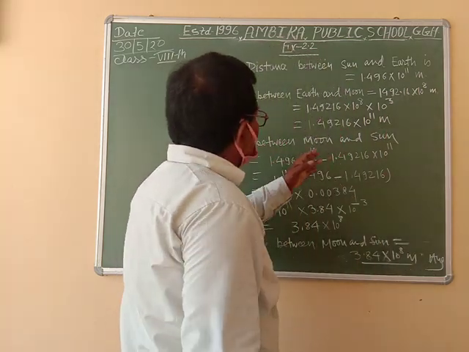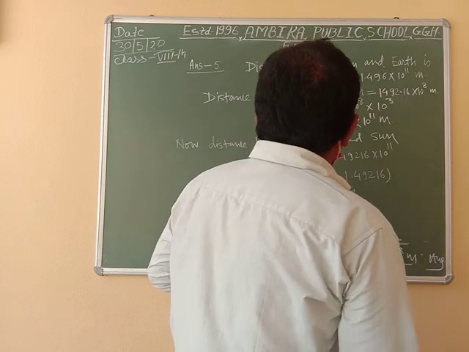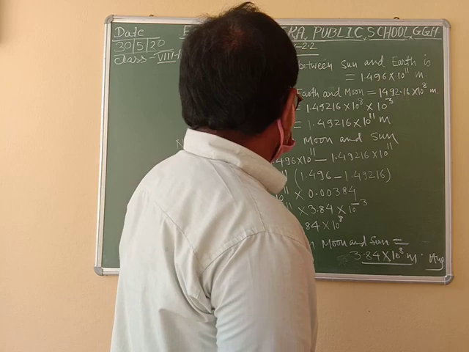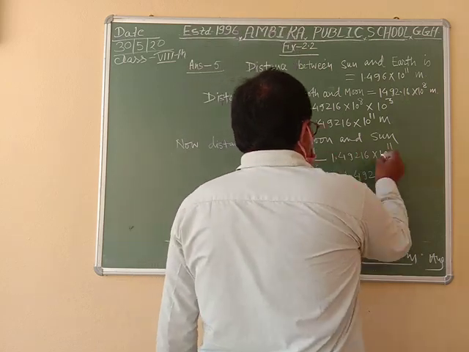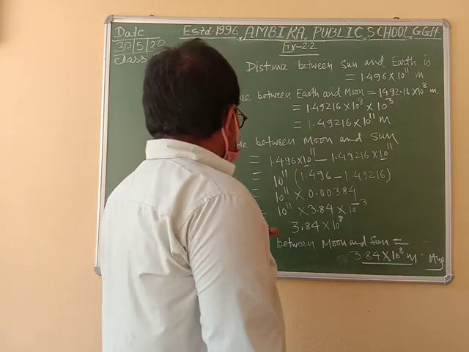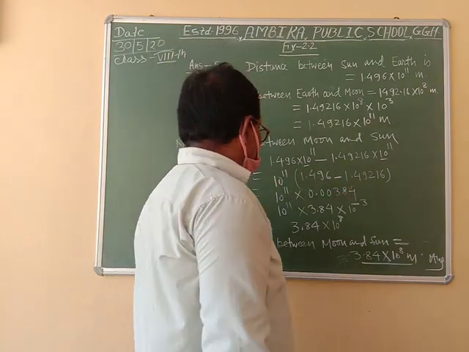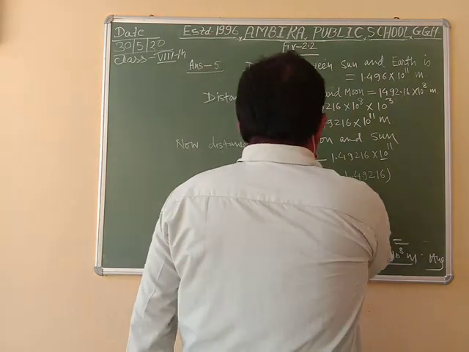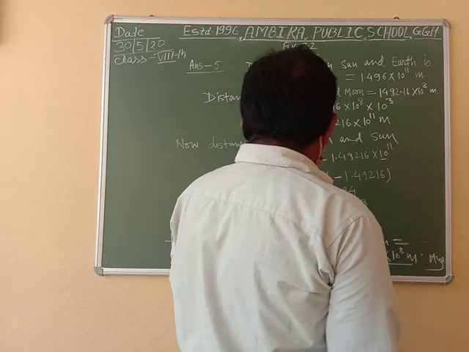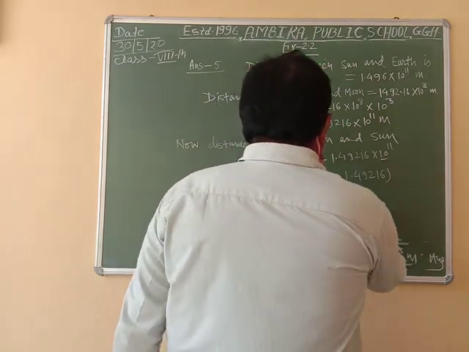Now distance between moon and sun is given by 1.496 into 10 to the power 11 minus 1.49216 into 10 to the power 11. Taking 10 to the power 11 common from both sides, we have 1.496 minus 1.49216, and we subtract 1.49216 from 1.496, then we get 0.00384.